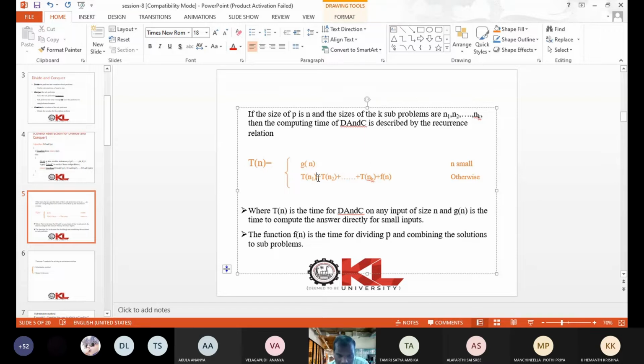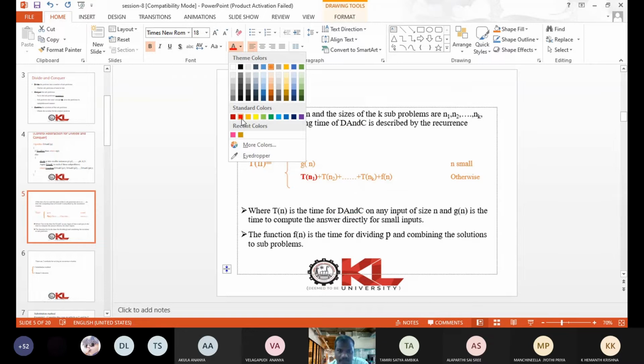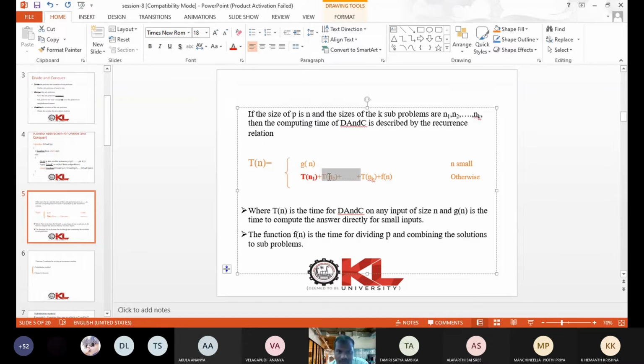The first subproblem will take T of n1, the second subproblem will take T of n2, the third subproblem will take T of n3, and similarly the kth subproblem will take T of nk.